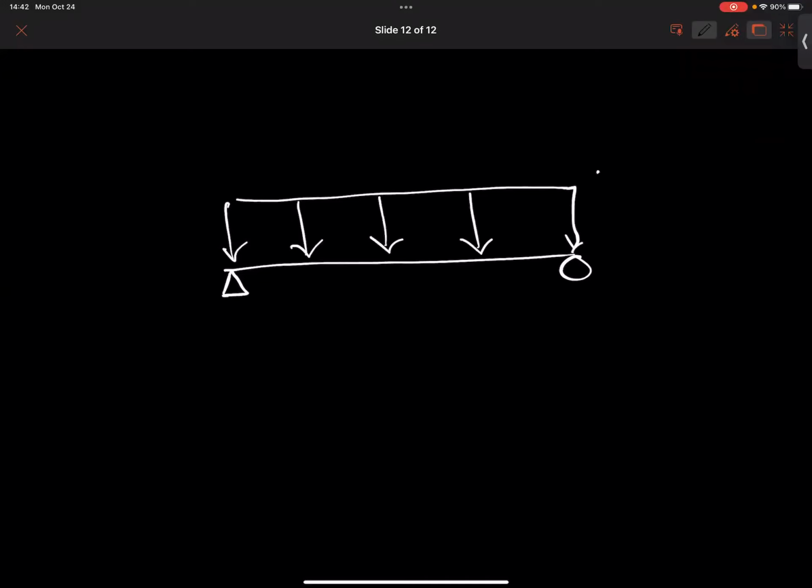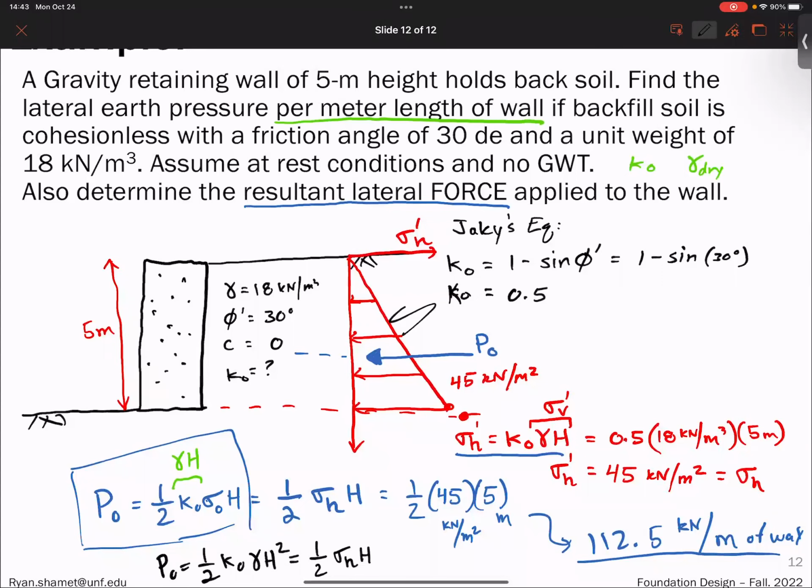In statics, you showed this as like a W, right? The resultant force would be W times L. So same thing, you're just tipping it over. And now this L is an H, and the distributed load is the sigma H.